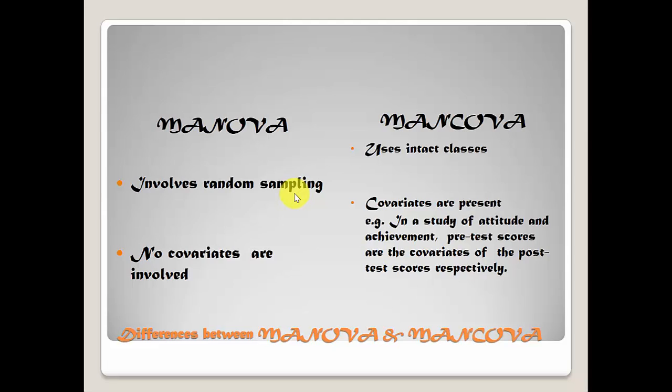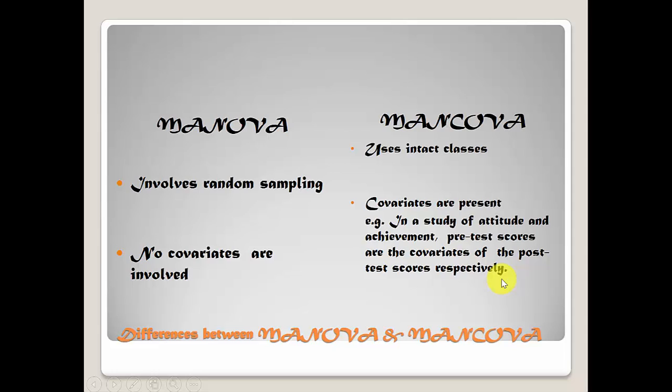Is there opportunity for you to randomly select your subjects or your participants into groups? That's MANOVA. But if not, when you use intact classes, like in quasi-experimental research work, you're talking about MANCOVA. Then the next difference is that no covariates are involved in MANOVA, while in MANCOVA, covariates are involved.